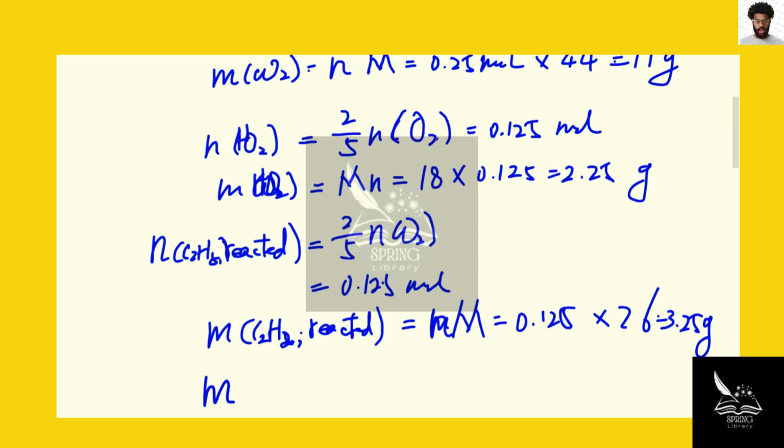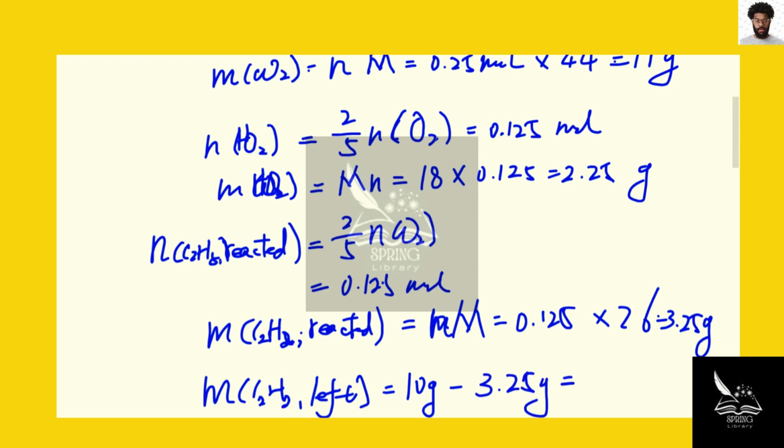So the mass of C2H2 left simply equals the total mass, 10 grams, minus the reacted 3.25 grams, which equals 6.75 grams. So the answer to how many grams of C2H2 are left is 6.75.